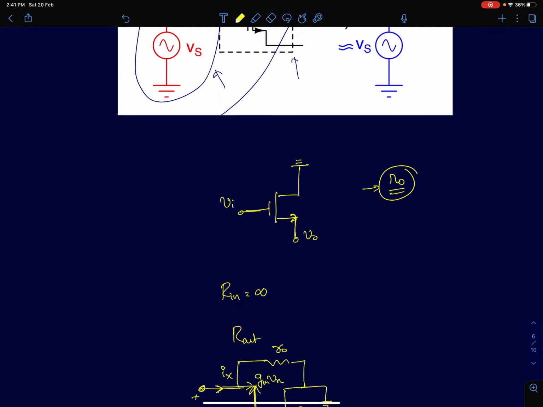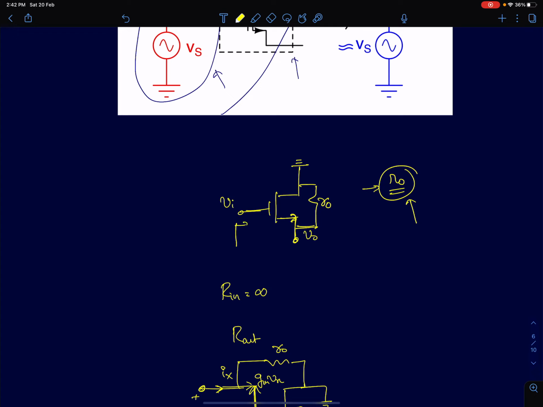Now I'll discuss the important parameters of a common drain amplifier, like input resistance, output resistance and intrinsic gain, by taking R0 into account. So first, to find the parameters, I'll find the easier ones. There is now R0 also present in the circuit. The easier ones are the input resistance and output resistance.